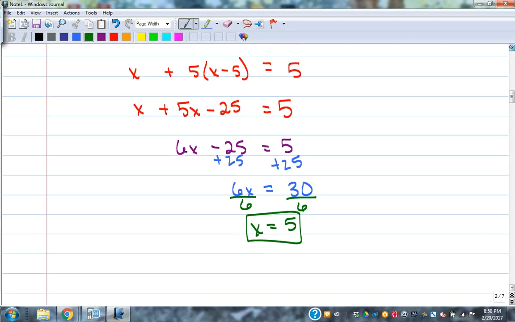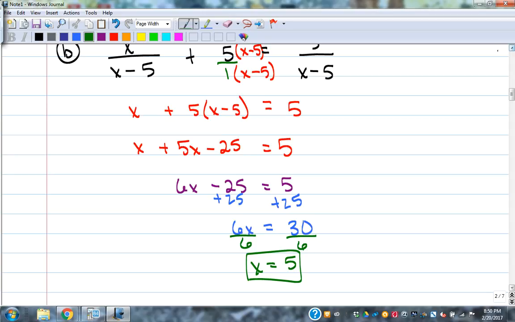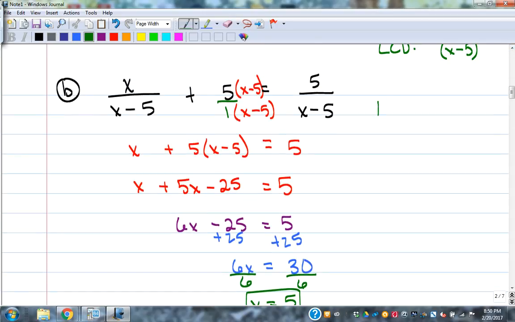Now, what's the other part that we have to think about? Restrictions. How do we find restrictions? Set the common denominator equal to 0. So we set x minus 5 equal to 0, and we get x can't be 5.